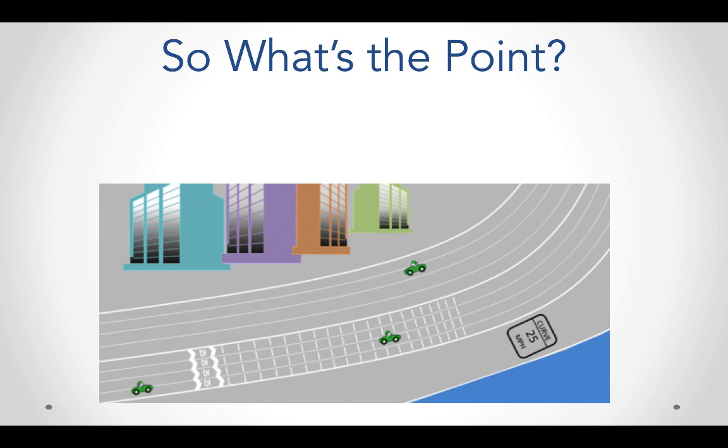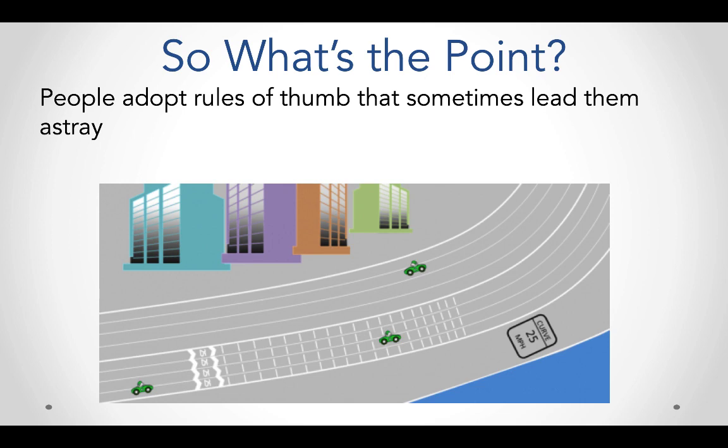So how do we design a way of getting people to slow down without forcing them to? The way this came about is they designed lines that get closer and closer together as you approach the curve, and that makes it seem like the lines are coming at you faster, which will make you subconsciously apply the brakes, right?